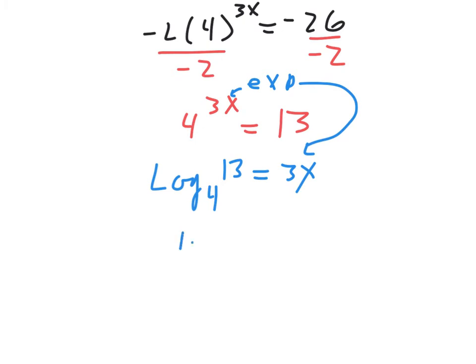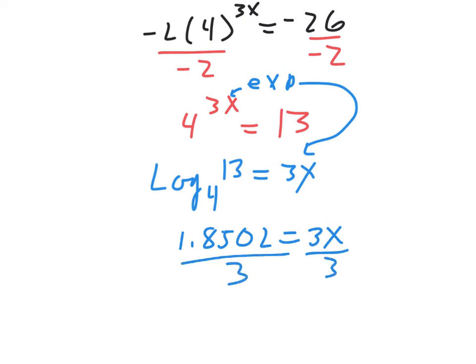And we get 1.8502 equals 3x. And then just solve for x, divide by 3. So 1.8502 divided by 3. So x equals 0.6167.